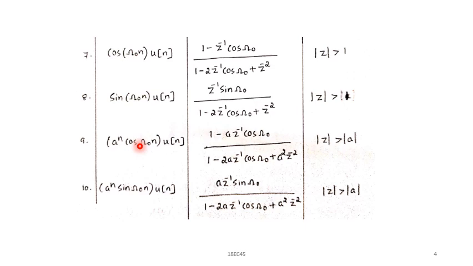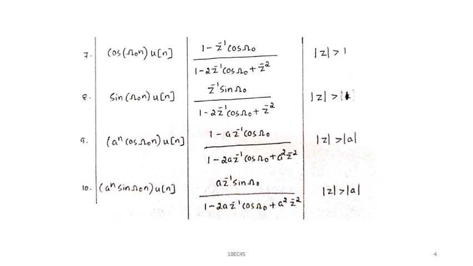Then a sinusoidal signal is multiplied with the exponential sequence. It is a to the power n cos omega naught n into u of n. Its Z transform is given by (1 minus a Z inverse cos omega naught) divided by (1 minus 2a Z inverse cos omega naught plus a square Z to the power minus 2).